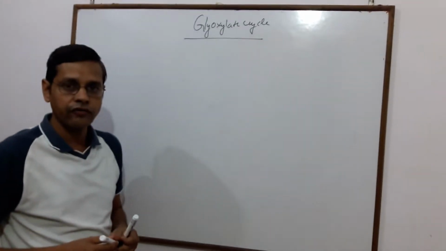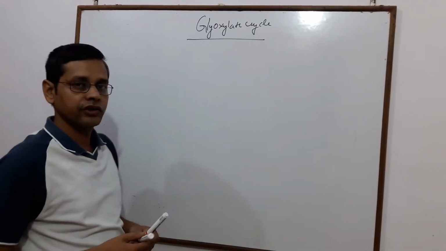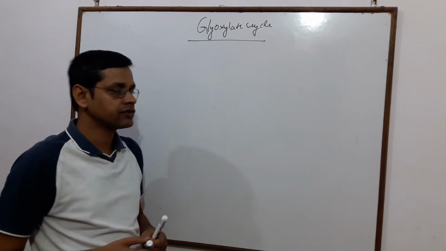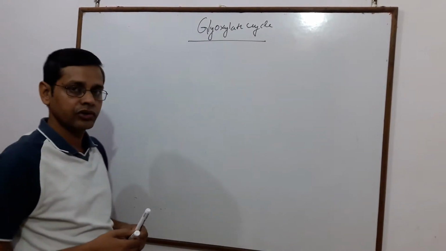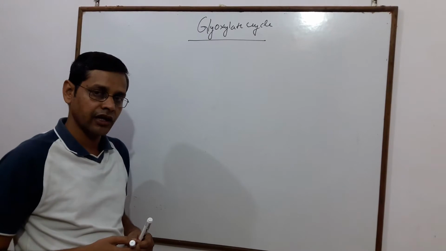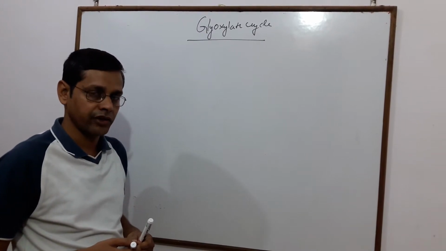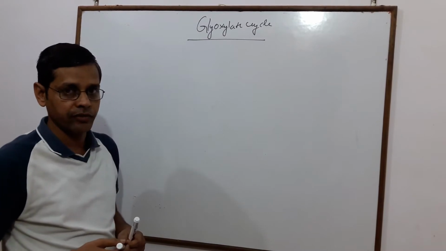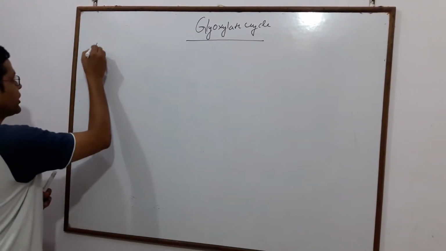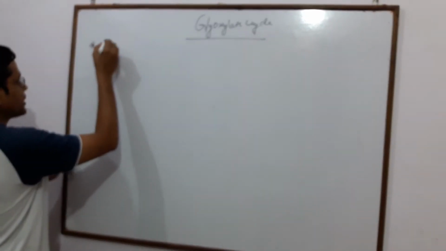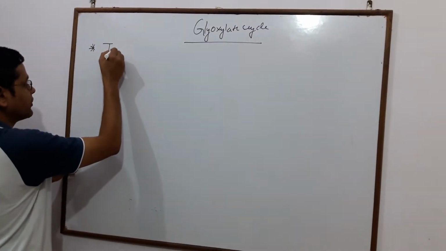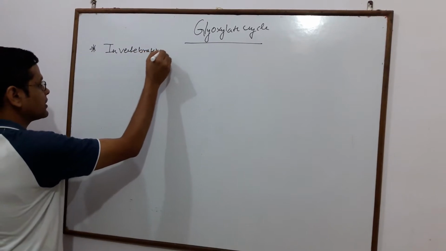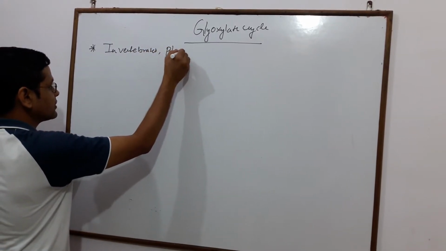First, you have to know where this cycle is occurring. This cycle occurs mostly in plants, and in the case of invertebrates, it does not occur. So the first point is this cycle occurs in bacteria and plants.